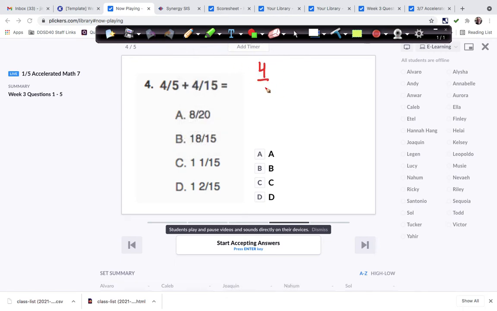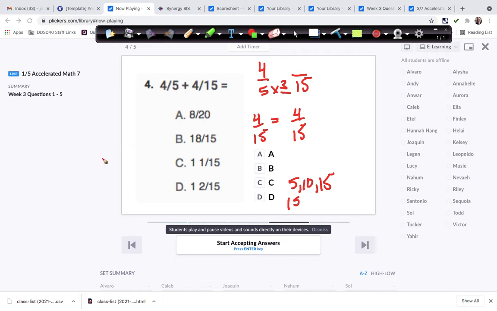Four-fifths and 4/15. Again, if we make our list, 5, 10, 15. So that 15 is a multiple of 5, so we can just keep the 15ths as our common denominator. 5 times something is equal to 15. It's going to be 3.